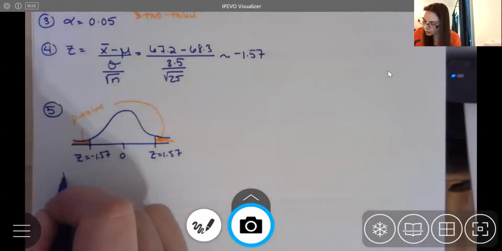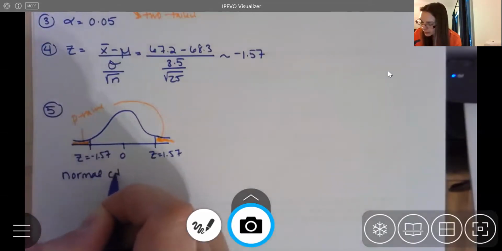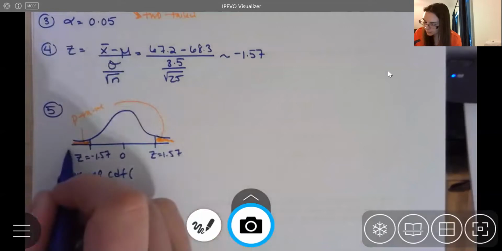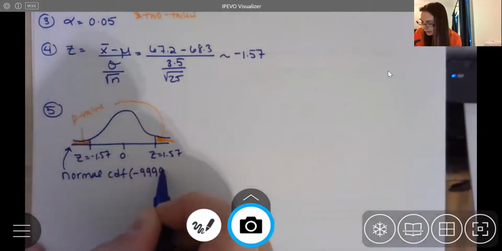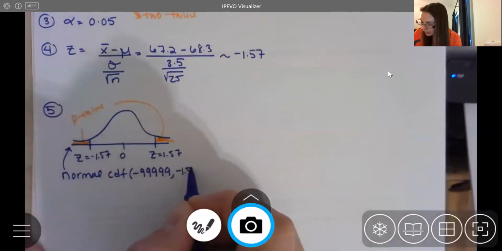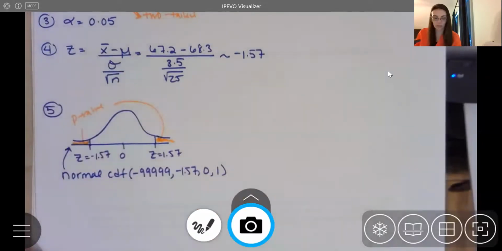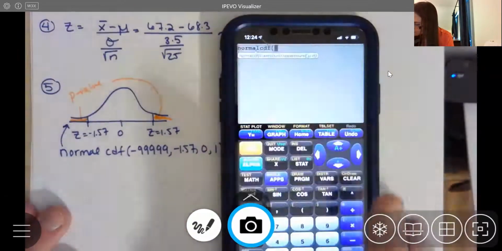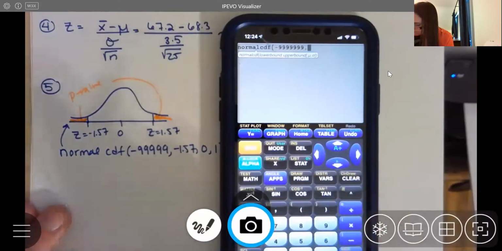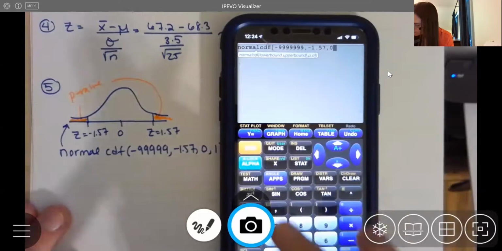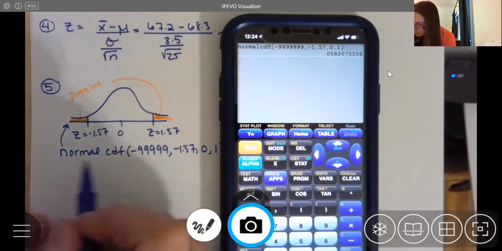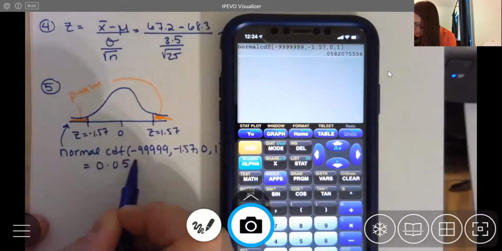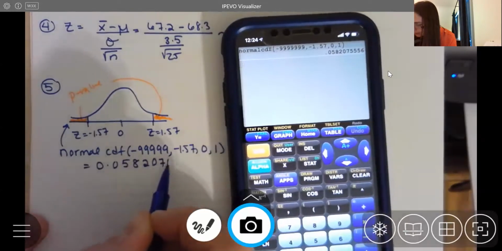So if I want to use my calculator here, I'm doing normal CDF. I'm going to do just this side. My lower bound is negative 99999. My z value is negative 1.57. My mean is 0, and my standard deviation is 1. Okay. So I'm getting a value of 0.0582076.